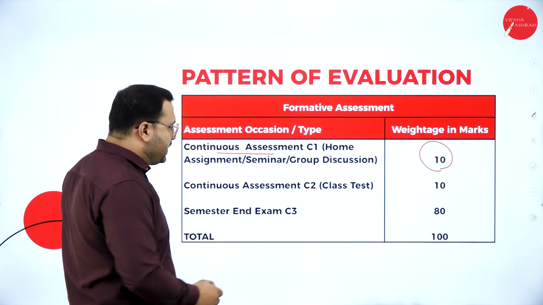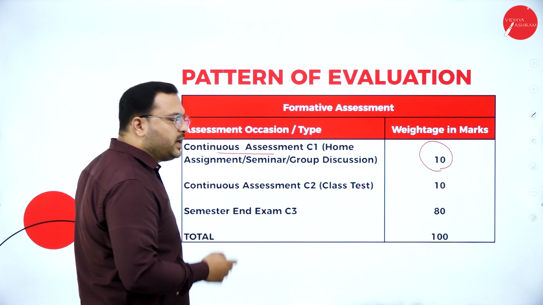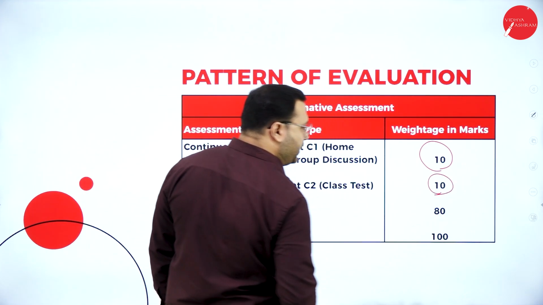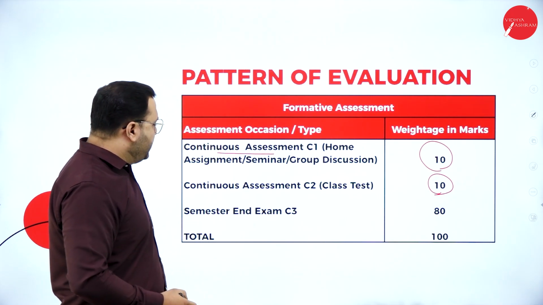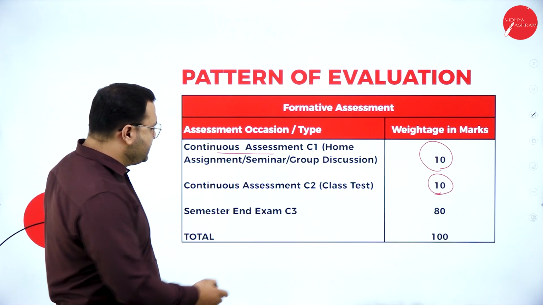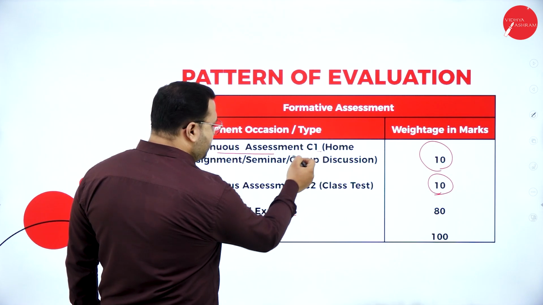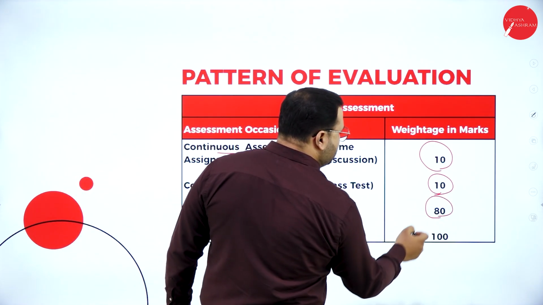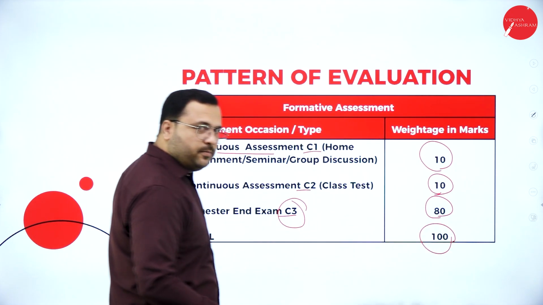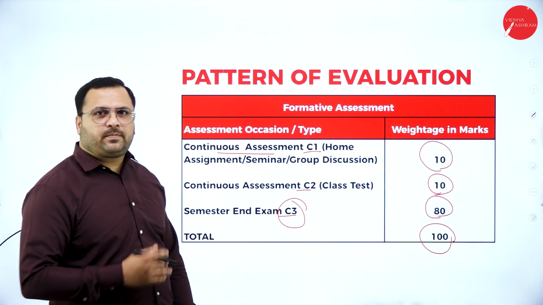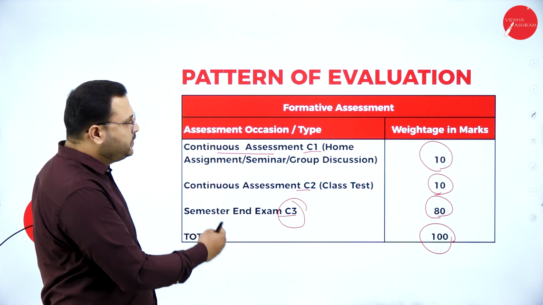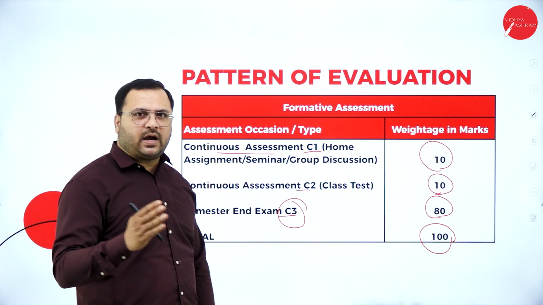Continuous assessment 2, that means similar kind of thing, but here you will have a class test that would be there for 10 marks. And semester end examination, that is C3. C3 would be for 80 marks, totaling 100. So your examination paper carries 100 marks, and those 100 marks are divided into these three parts, C1, C2 and C3.